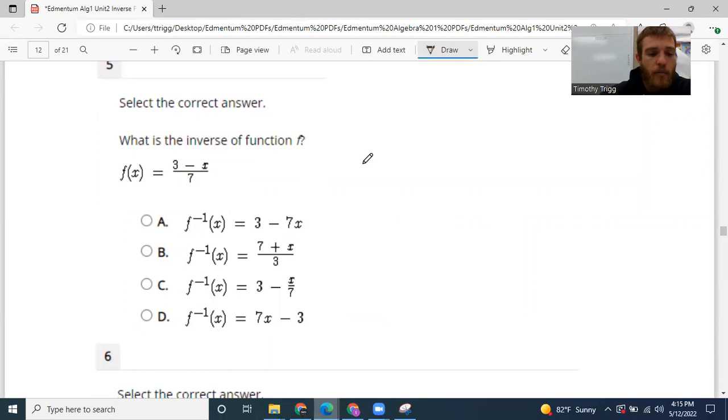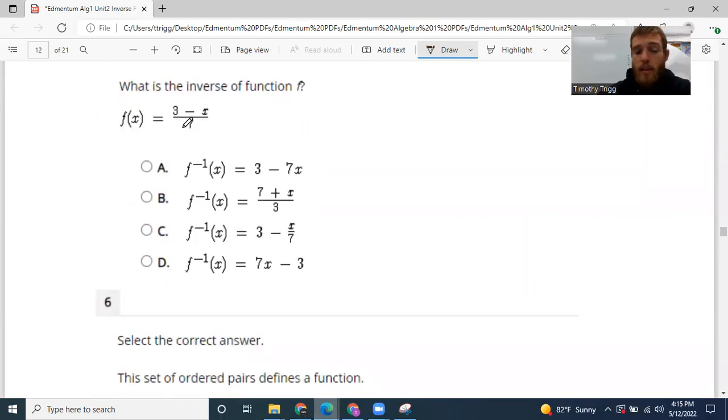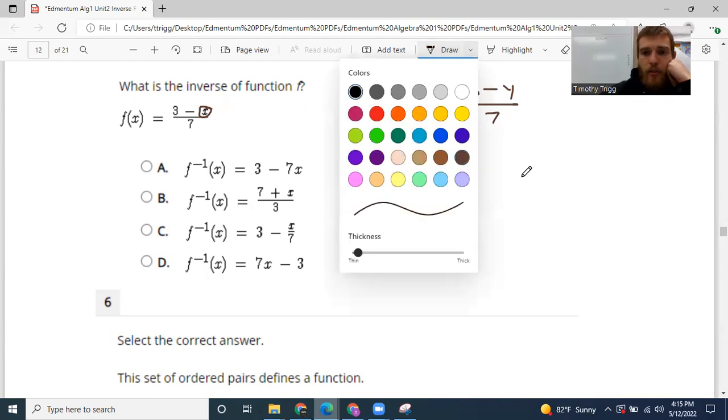Here we want to find the inverse. Once again, I'm going to replace f of x. I'm just going to skip a step and replace it with x. Then I'm going to replace the x here with y. My goal here is to solve for y. What would be my first step here?